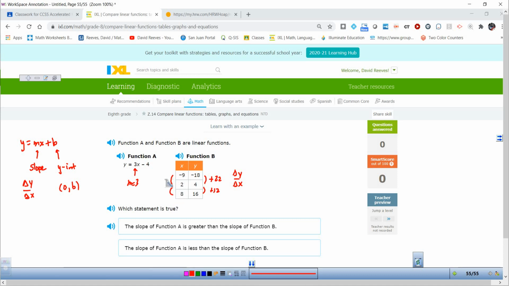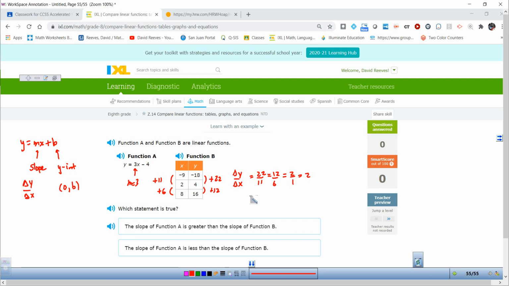So negative 9 to 2, that's an increase of 11. And 2 to 8, that's an increase of 6. So we have 22 over 11 and 12 over 6. Even though they look different, they both simplify to 2 over 1, or simply 2.